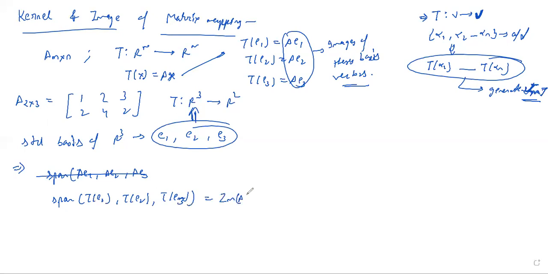They are generating my image set of A, by this theorem. Now what are these vectors? These corresponding vectors are the columns of A.